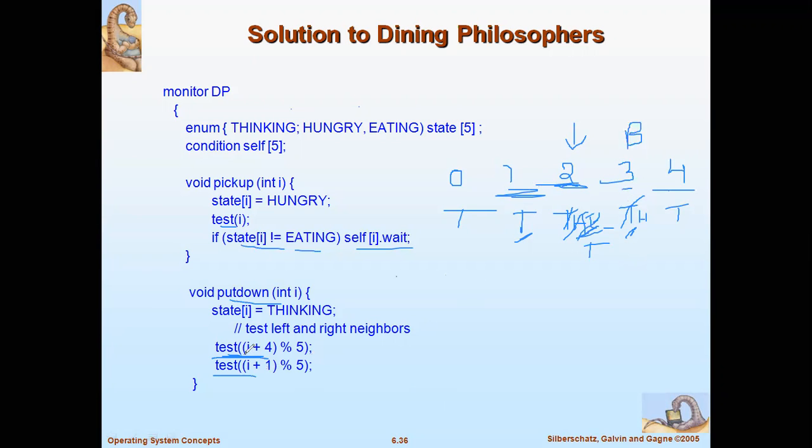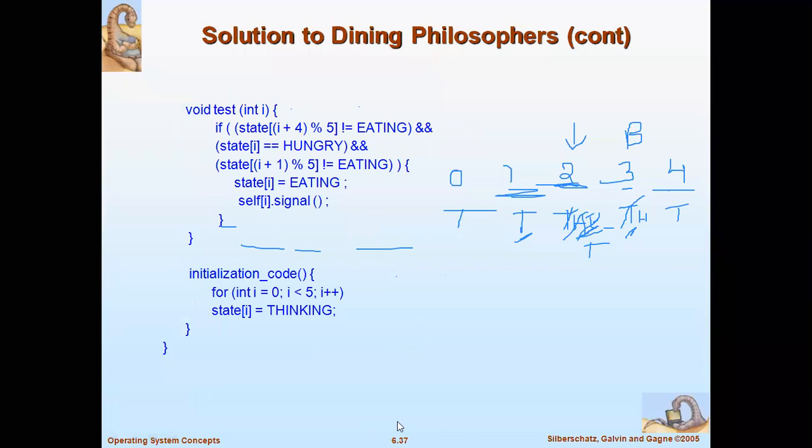So let us check for the second philosopher. I'll move on to the next slide here. The second philosopher will check if he can eat or not. Let the second philosopher check if his left philosopher is eating.